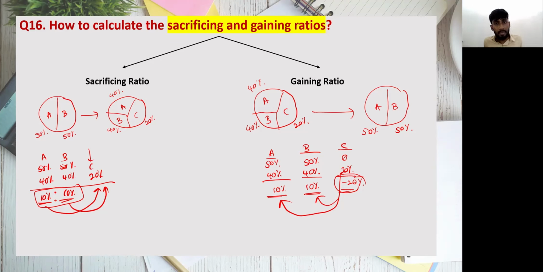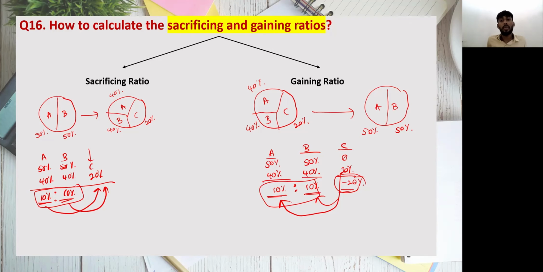The ratio in which the retiring partner's profit is split among the remaining partners is known as the gaining ratio. So this is what is called the gaining ratio. Now it's very clear. Sacrificing ratio is calculated when a new partner is hired.